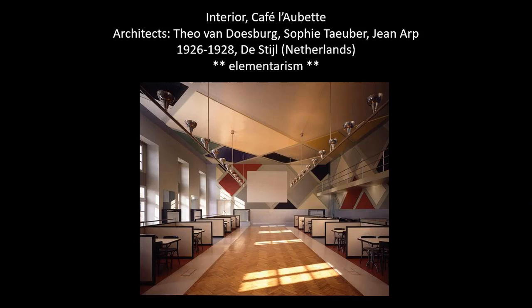To keep with this theory that architecture provides an all-encompassing experience, we have a total integration of design and architecture, where Theo van Doesburg doesn't just design the walls, but he designed every single aspect. The furniture, the light fixtures, the hardware, even the ashtrays. And this concludes the lecture on squares.